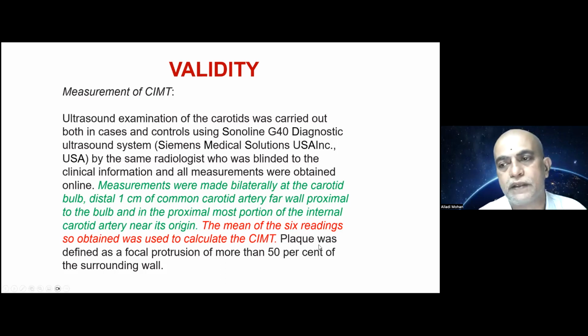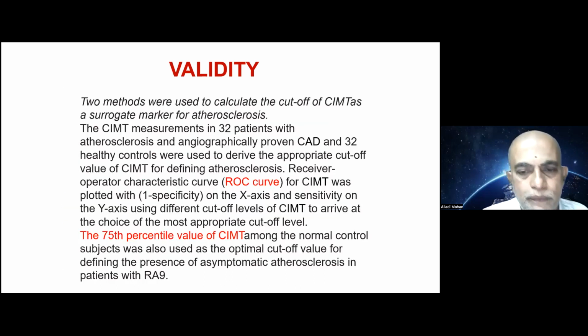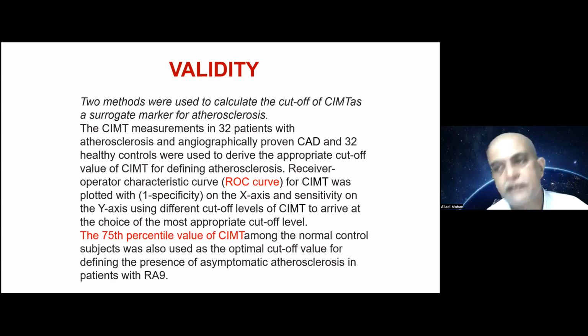This is an example with something which is easy to follow for the students. And we define the plaque with a certain case definition. Now, we need a cutoff of CIMT. CIMT value more than this is atherosclerosis, less than this is not atherosclerosis. So how do you derive the cutoff?